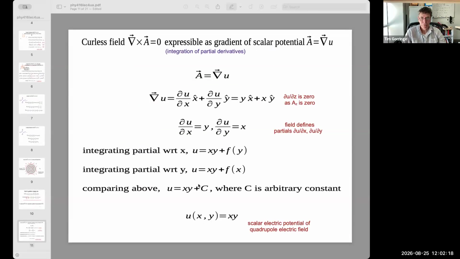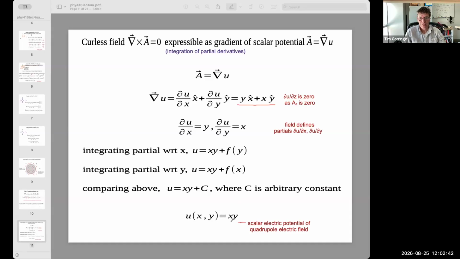This is a derivation of the underlying scalar potential for our particular vector field. Remember, our vector field was this, A. It had X and Y components. Don't worry about the details.